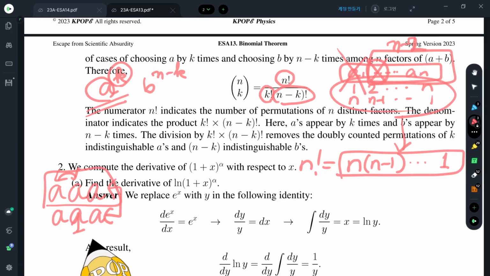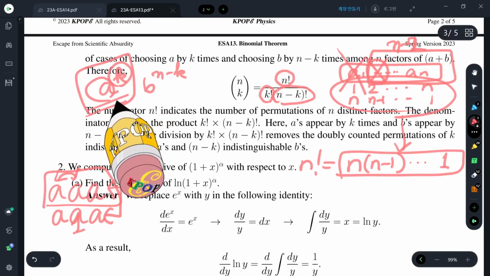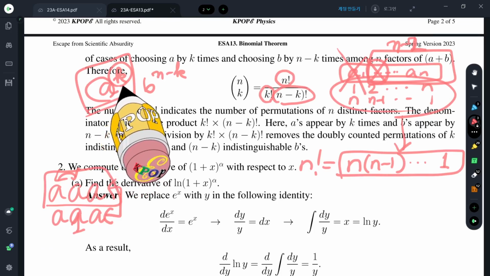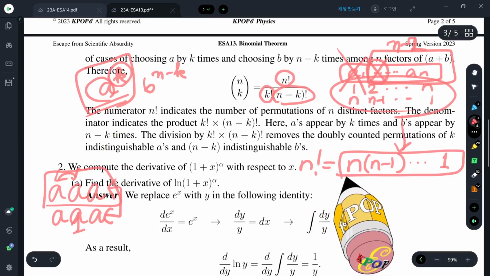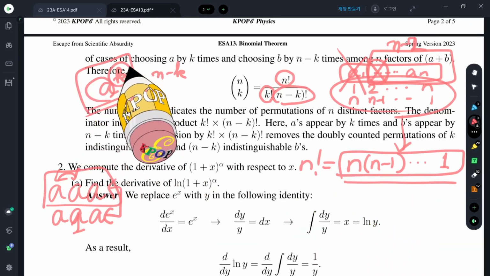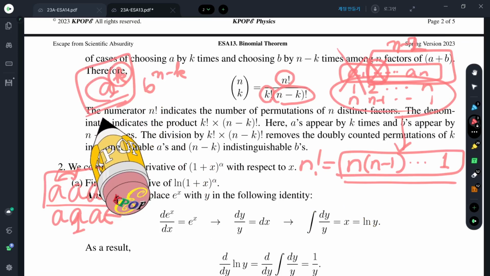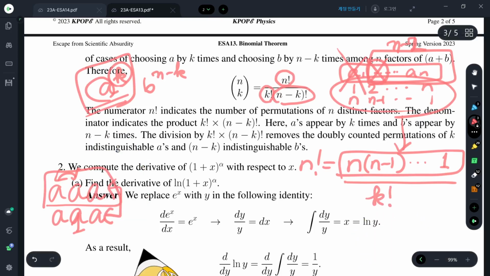But what I have done is suppose I have distinguished all of the k A's. So I have made a mistake. I have treated them all as distinguishable. However, in fact, they are not distinguishable. Therefore, I have to divide this by k factorial.